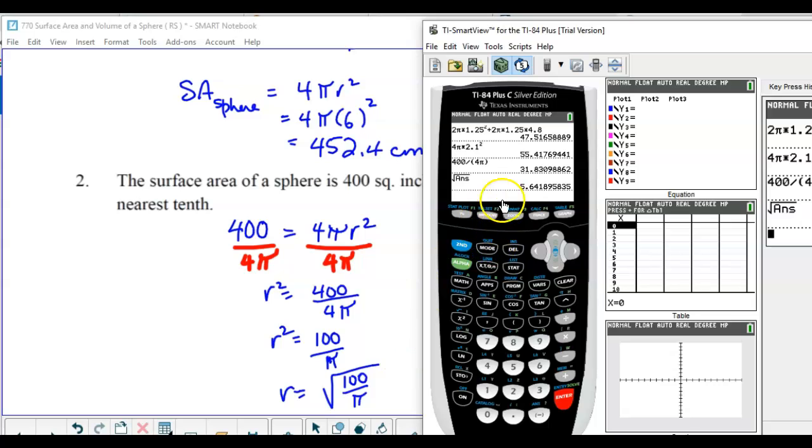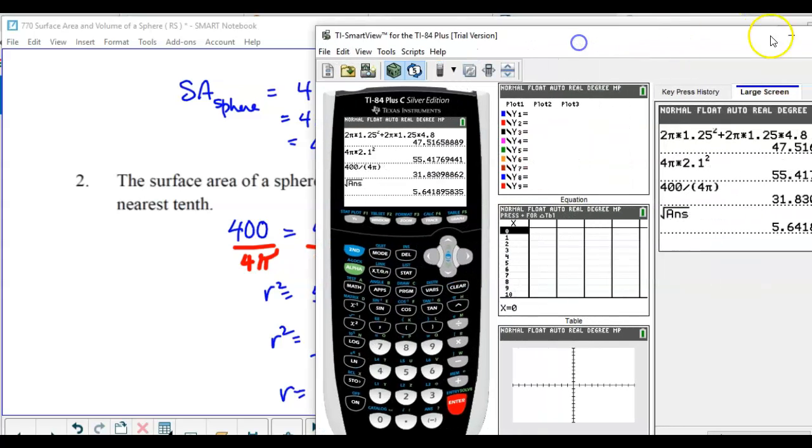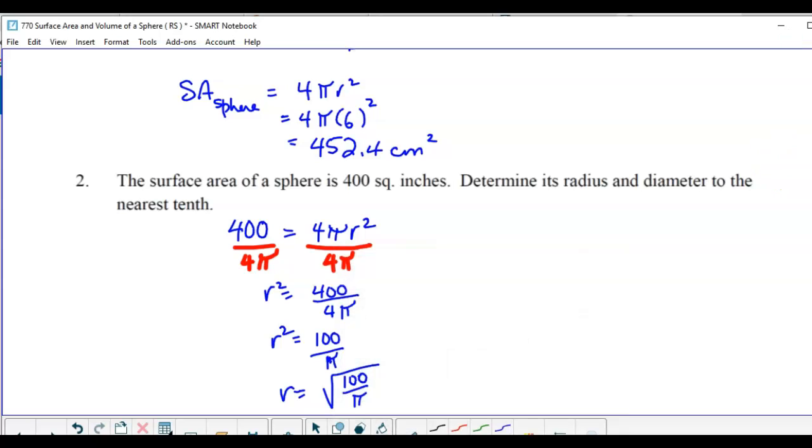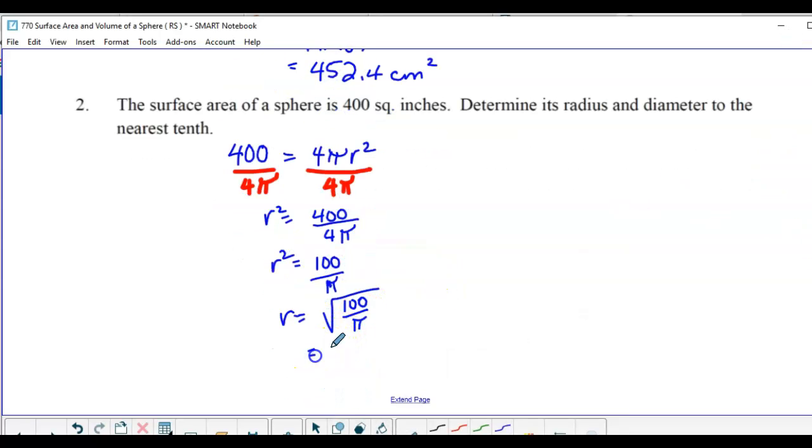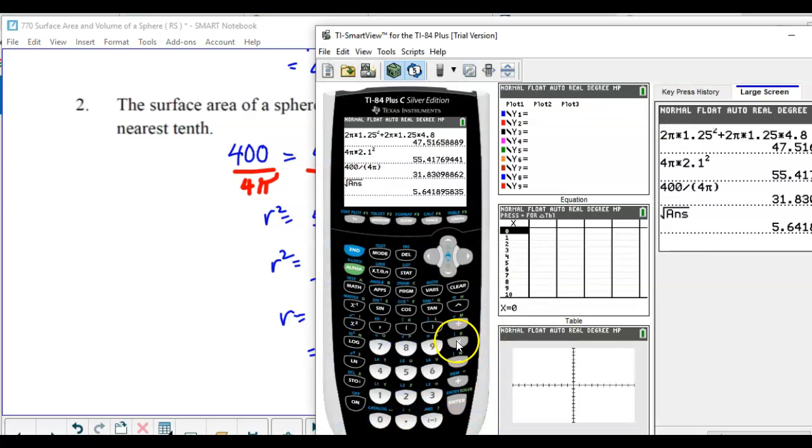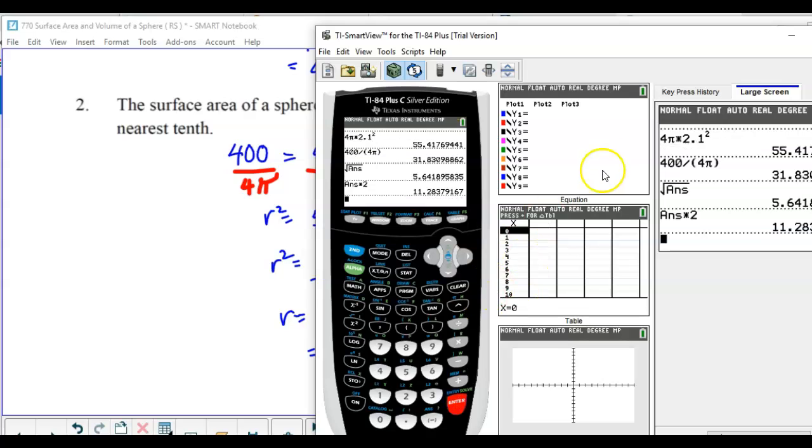I square rooted the unrounded version, so I kept it in my calculator, and I got 5.6. Don't round it first, just like in trig. That's going to be inches. So therefore, for the diameter, keep it in your calculator and multiply that by 2. So 11.3.